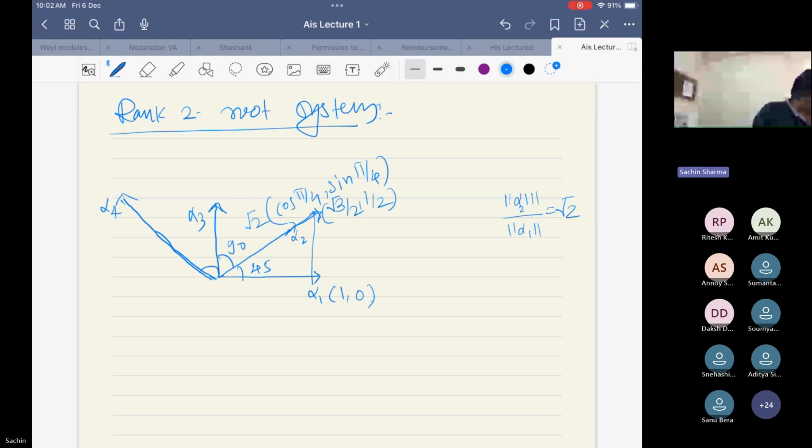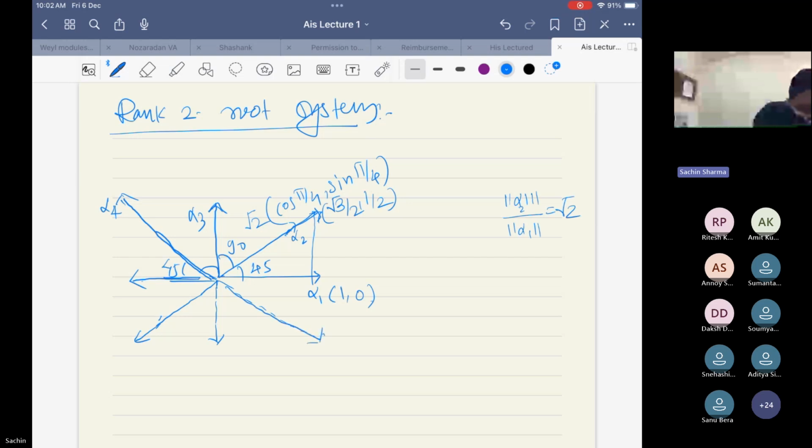This is your alpha 4. You will have again 45 degrees here. It's the negative of those things, the negative of this vector also. And this is the last vector.